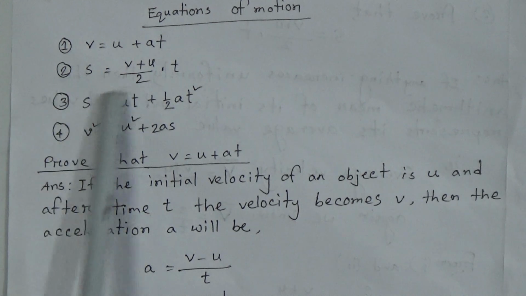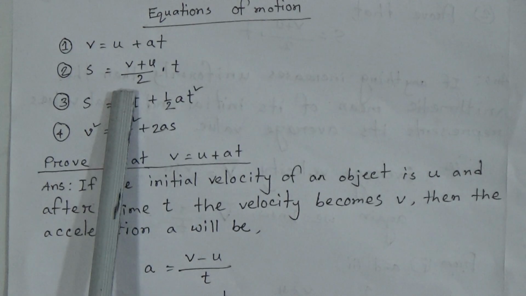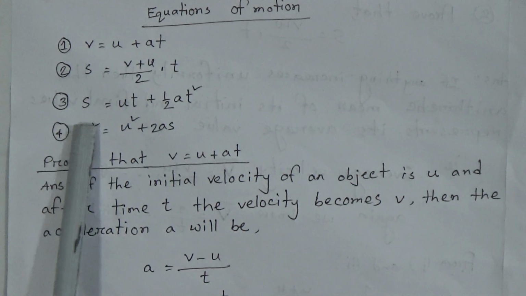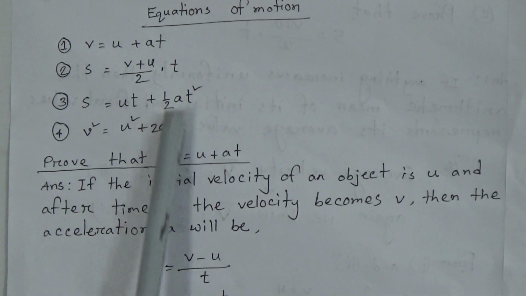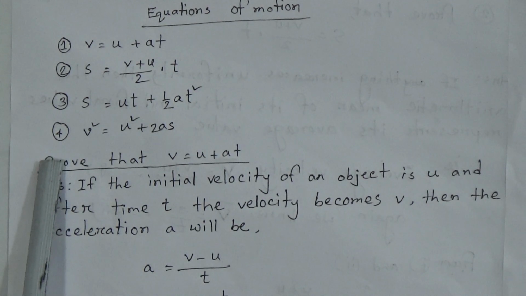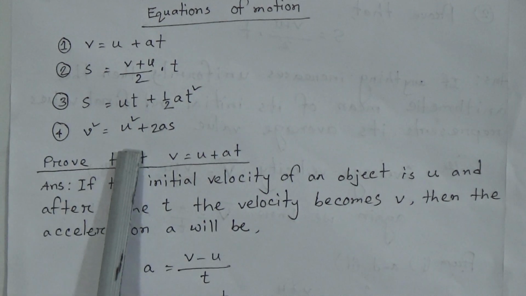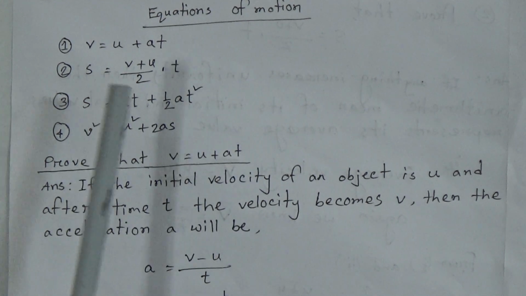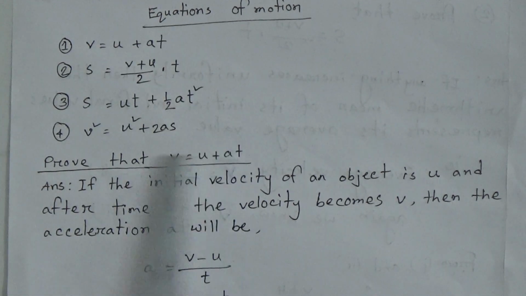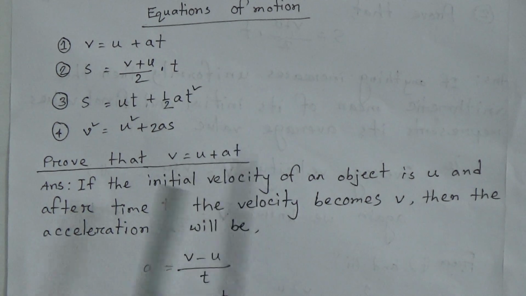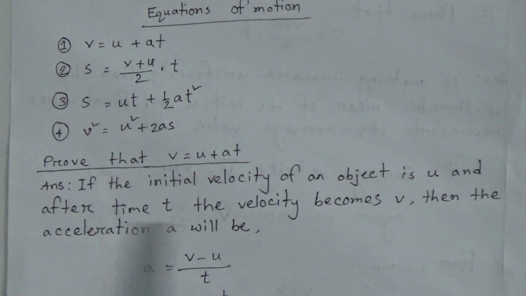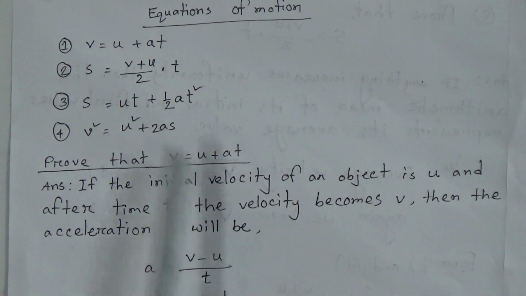Number 2, s equals (v plus u) divided by 2 into t. Number 3 is s equals ut plus half at square, and number 4 is v square equals u square plus 2as. My dear students, you have to memorize these 4 equations of motion properly, and now we will prove them.